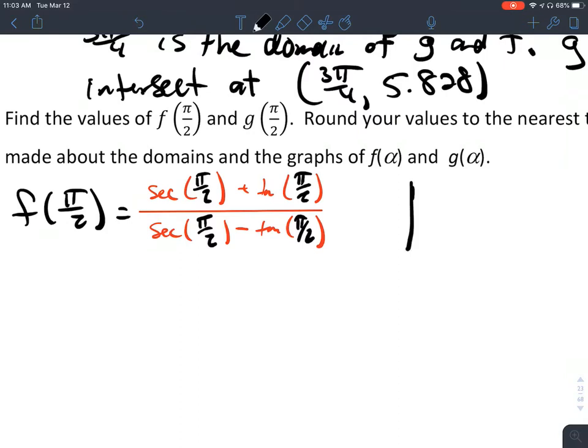Pi over 2 is the positive y-axis. This location, x is 0, y is 1, and r is 1. Secant of pi over 2 would be r over x, that's 1 over 0, that's undefined. Tangent of pi over 2 is y over x, that's also undefined.